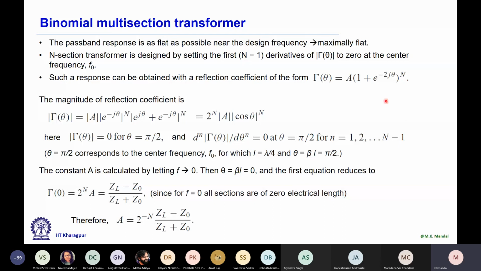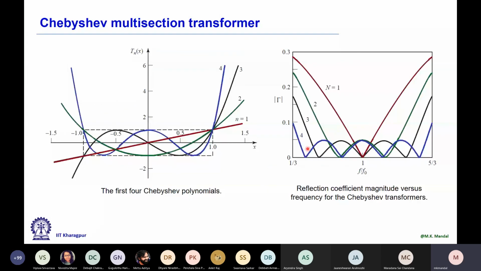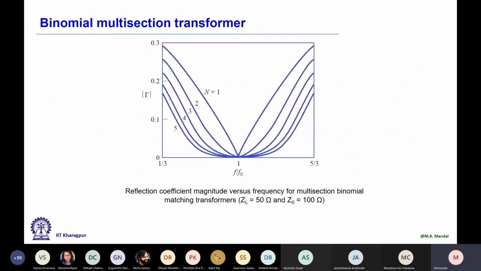For Chebyshev, we have a ripple, and the advantage is that using the same number of sections, we can have a much wider bandwidth. For most applications, since gamma m will be specified, we try to keep the peak value of ripple below that value. Then it's done. But for binomial, we don't have any such control. This is the problem.